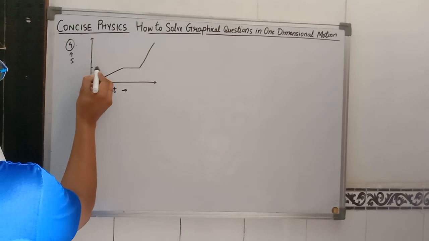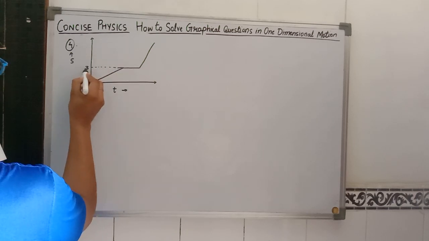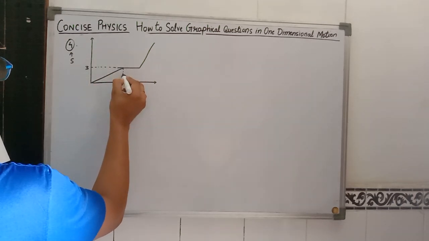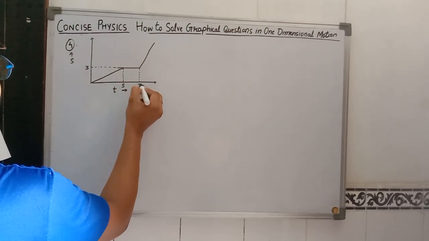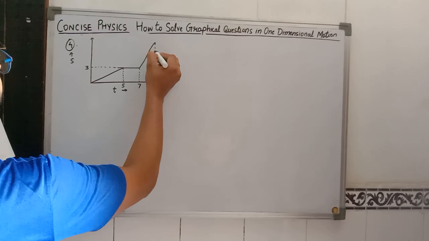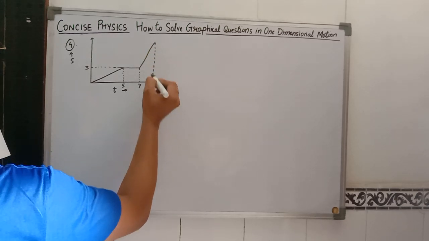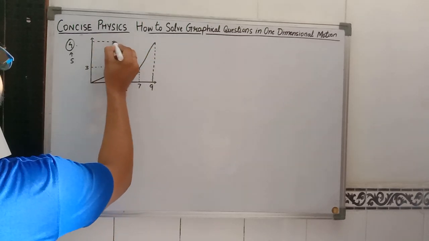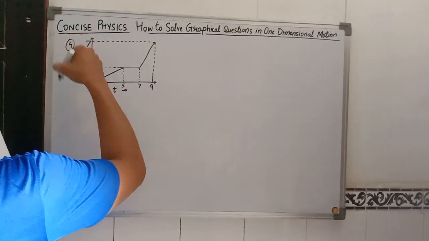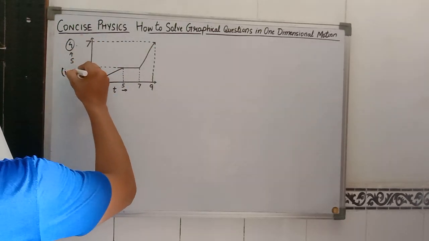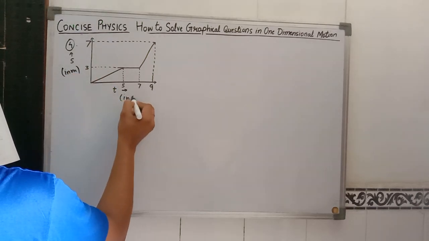From this point the value is 3, at this point 5, this point 7, and this point 9, because these are the points where the graph is changing. Displacement is in meter, and time is in seconds.